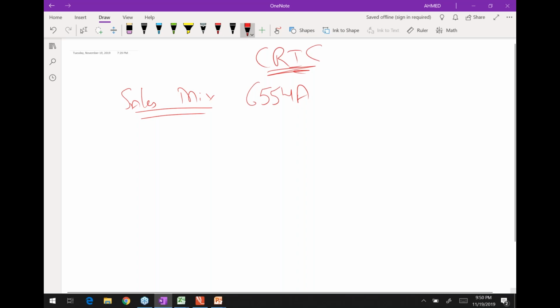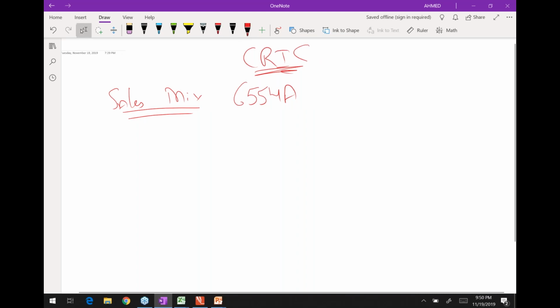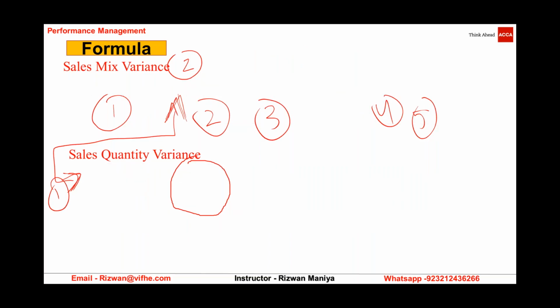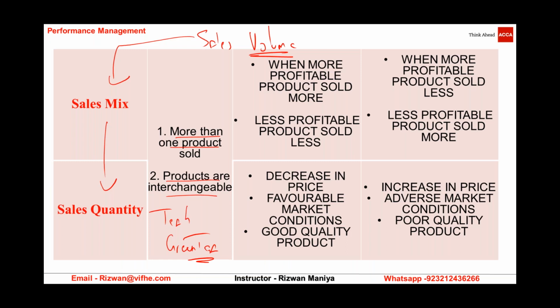Now, the reason. What is the reason for this being adverse? Let's first understand the basic reason in our presentation. Why is a mix variance adverse? A mix variance is adverse when the more profitable product is sold less and the less profitable product is sold more.